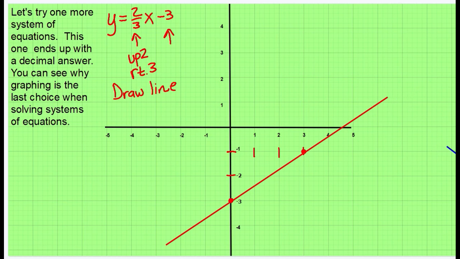So now let's start with the other equation, and we'll do this one in blue. Y equals -3/4 x plus 1. So we start at +1 and then we apply the slope. We have a negative 3/4, which means we go down 3 because it's negative, and to the right 4.